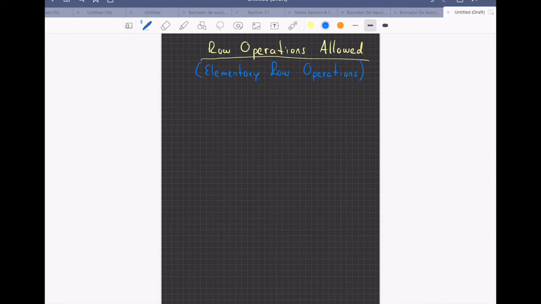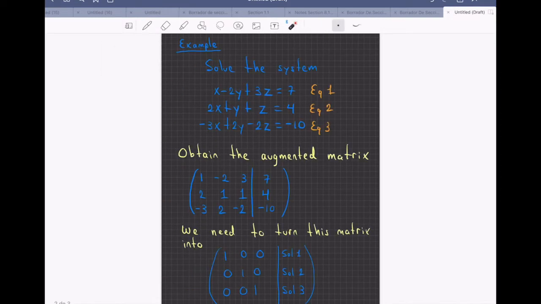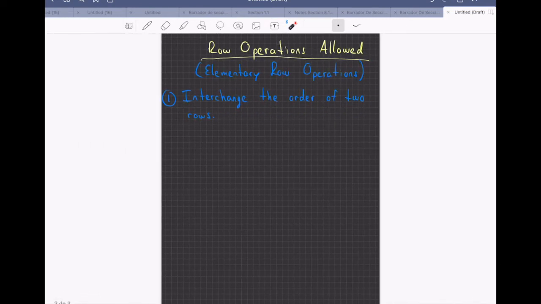So, number one, we can interchange any two rows. So for example, if for some reason you want to put row number 1 at row 3 and row 3 at row number 1, no problem. We are allowed to do that.